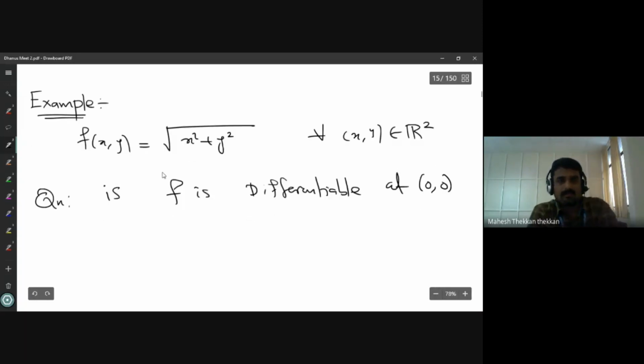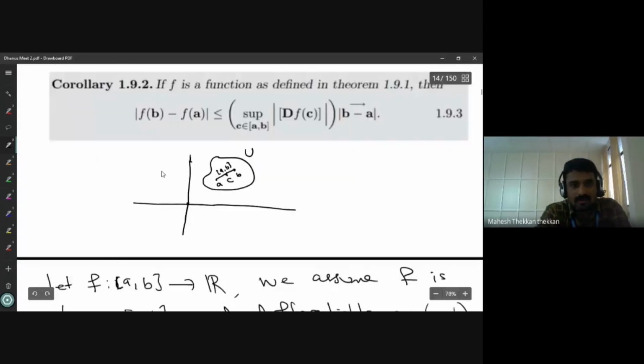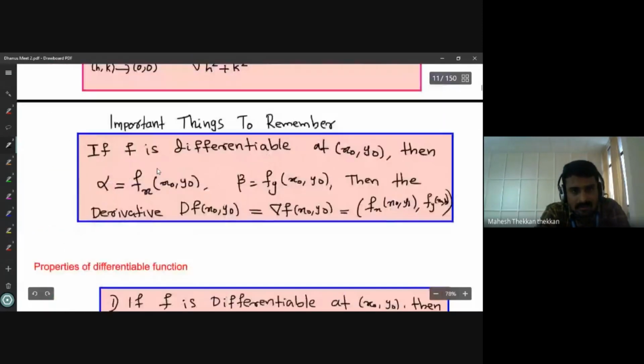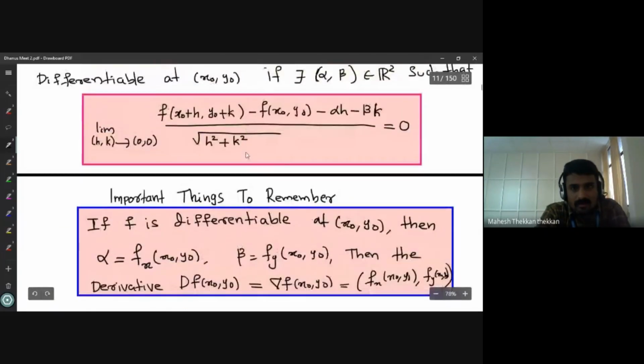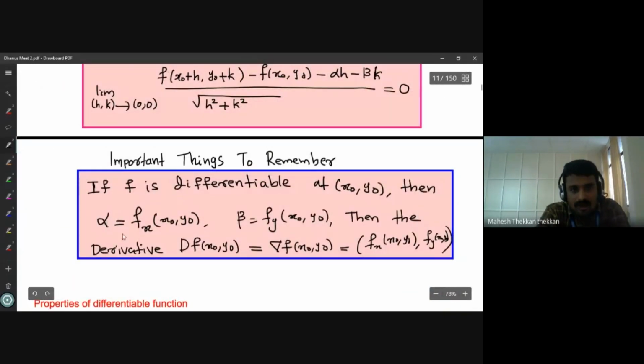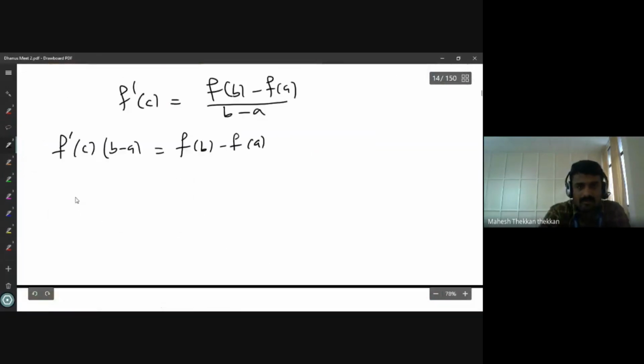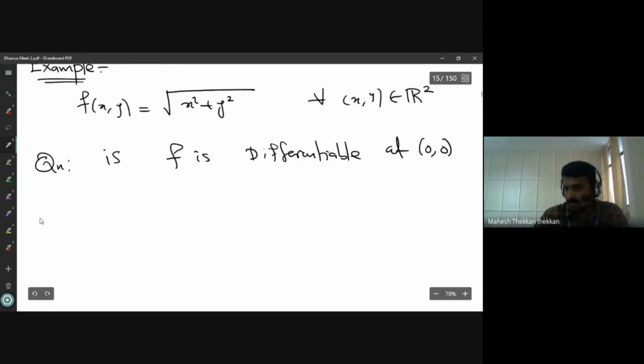Okay, so what have we understood from the definition of differentiability? Suppose f is differentiable at 0, 0.